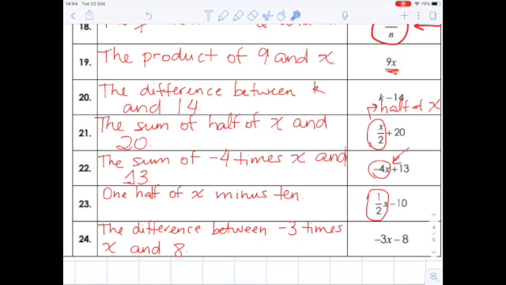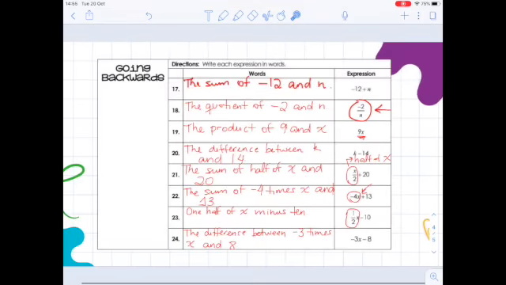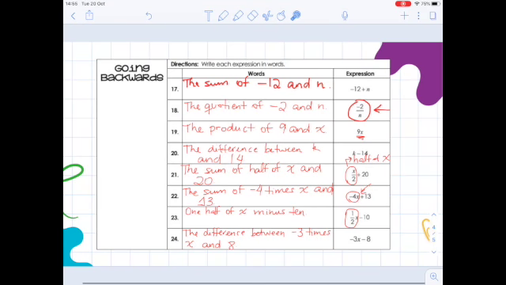There are several ways I could do this. I could say, for example, negative 3 times x decreased by 8, or the product of negative 3 and x decreased by 8, or the product of negative 3 and x minus 8. There are several ways I could answer these questions.